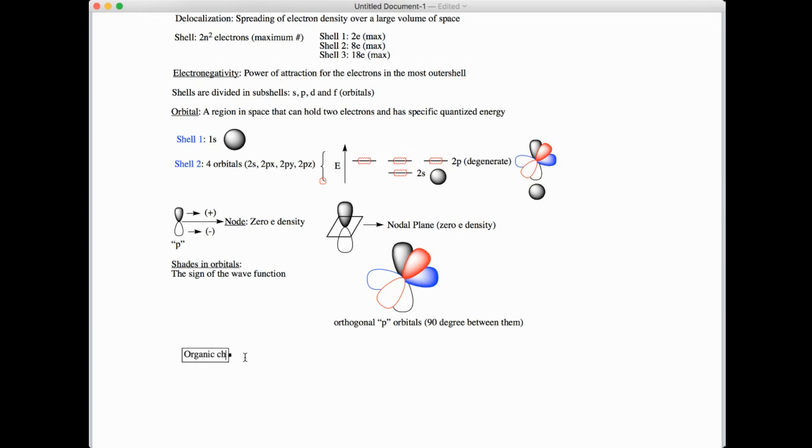Organic chemistry is the chemistry of carbon compounds. We are alive because of orgo chem, literally. All the molecules in your body are organic compounds.